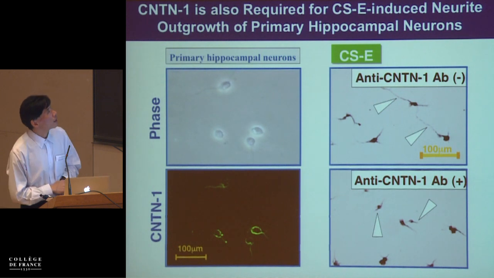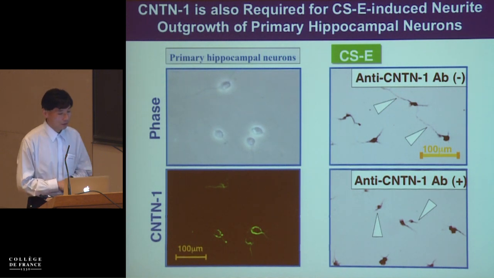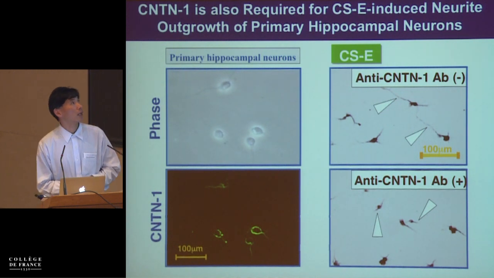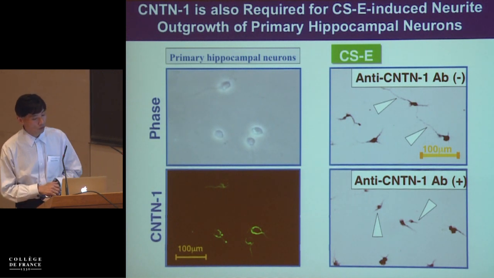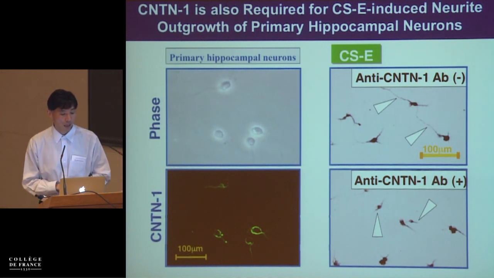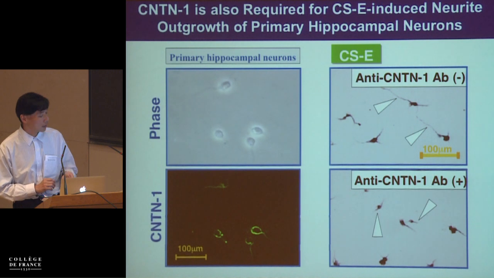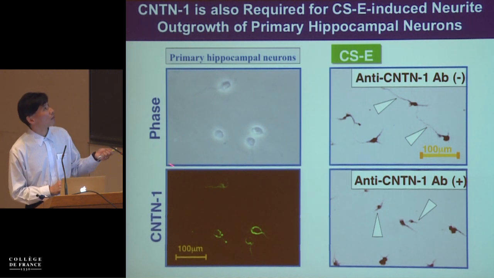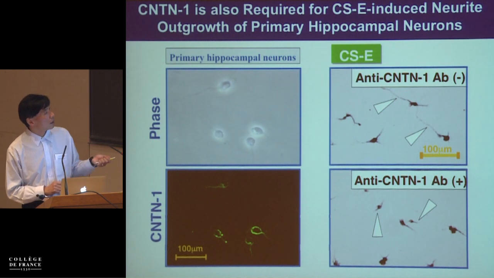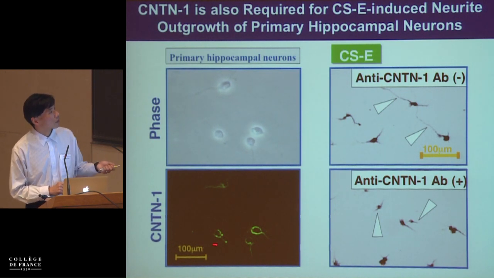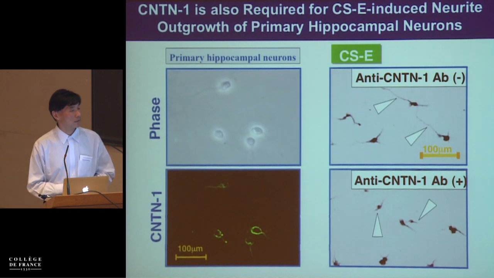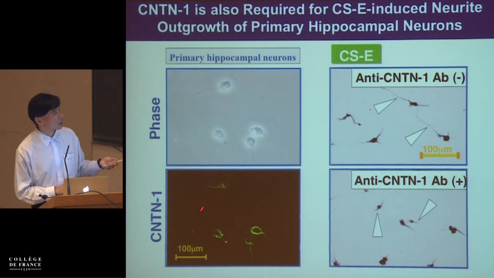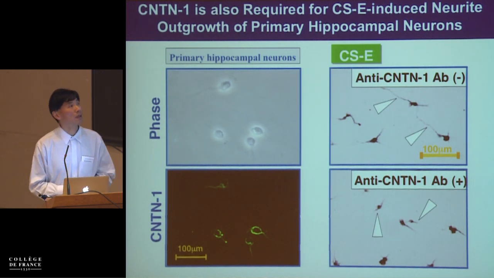Next, we examined whether contactin 1 is also required for CSE-induced neurite outgrowth of primary hippocampal neurons. Consistent with mRNA expression in primary hippocampal neurons, immunoreactivity for contactin 1 was observed in the majority of the MAP2 positive neurons in the culture.